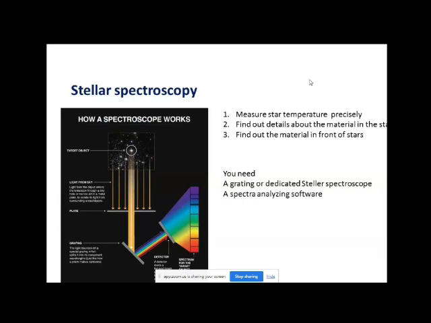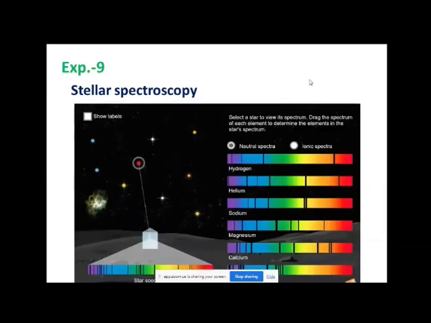This is important. For stellar spectroscopy, this is an advanced illustration. If we are able to buy a special type of spectrometer for stellar spectroscopy, then we are able to see the absorption spectra. There are black lines in this image.